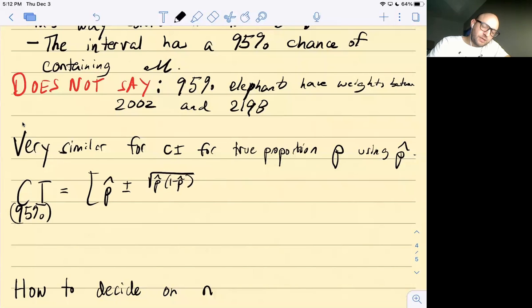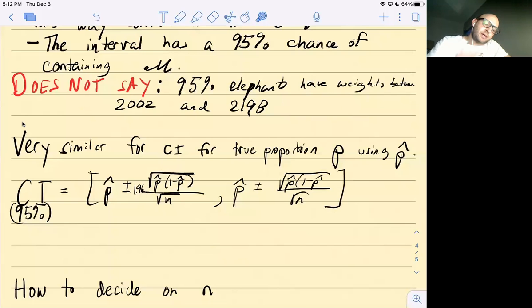You might say, okay, I'm going to use 1.96 times the square root of p hat times 1 minus p hat over root n. But many times this isn't the best thing to use, because the standard deviation is actually the square root of p times 1 minus p.